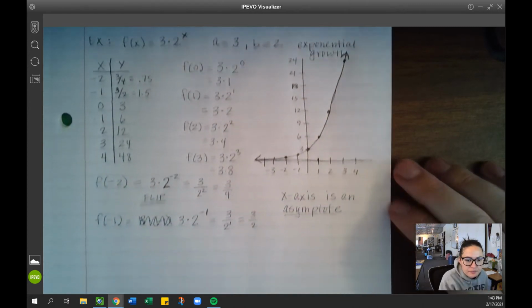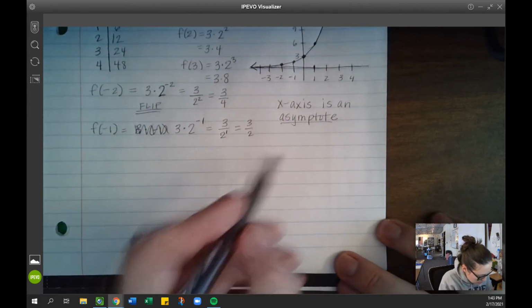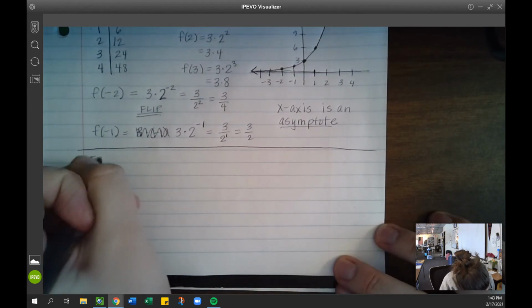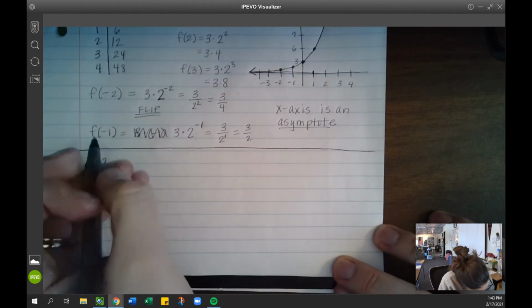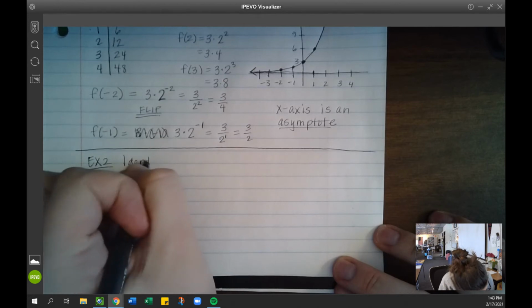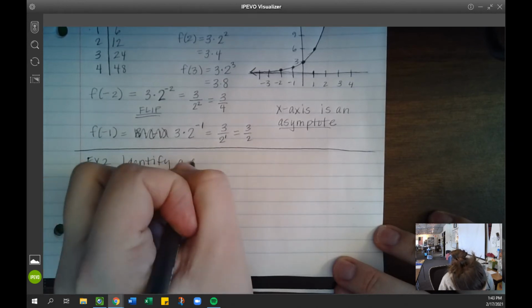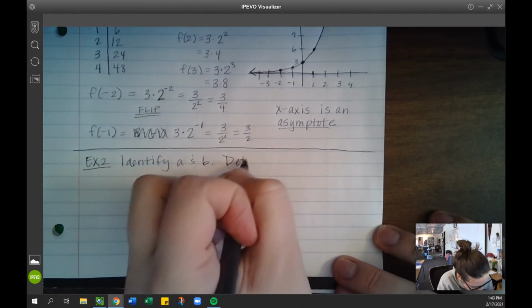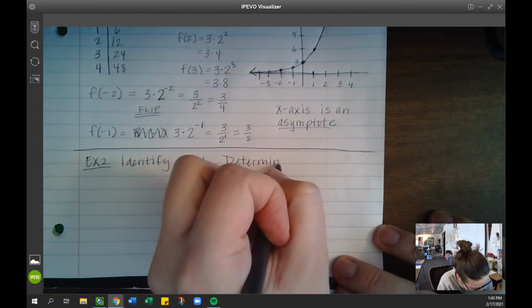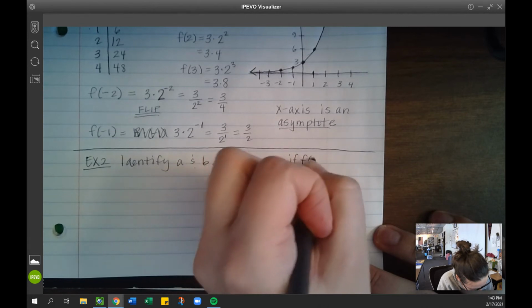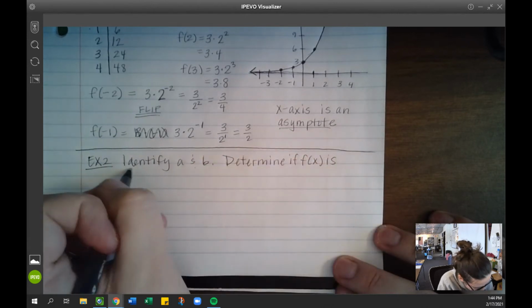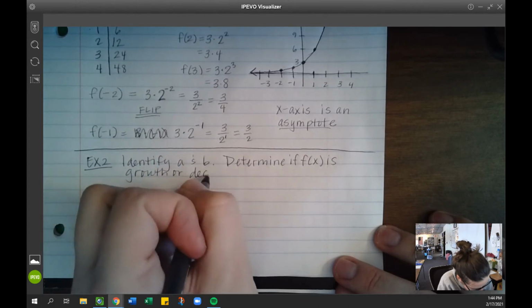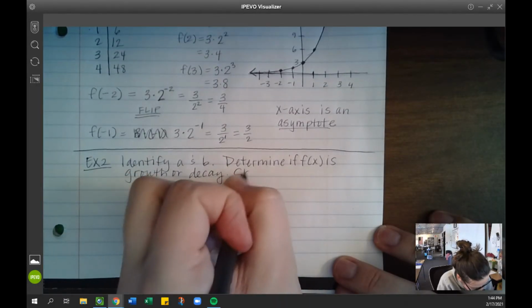All right, let's try some more examples here. Example 2. Identify A and B. Determine if f of x is growth or decay, and sketch a graph.